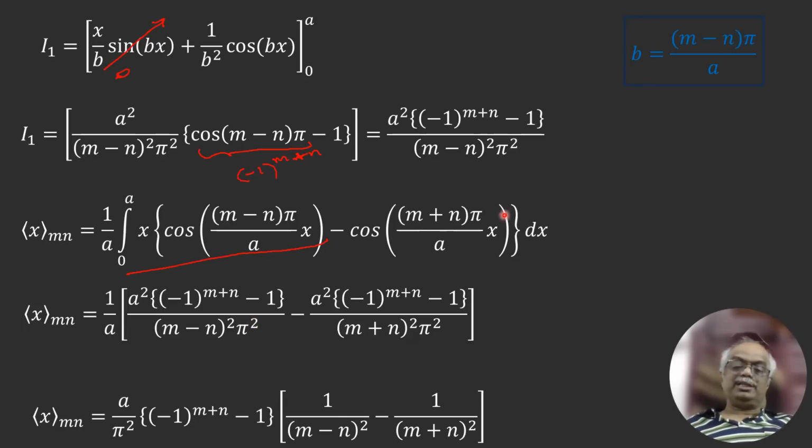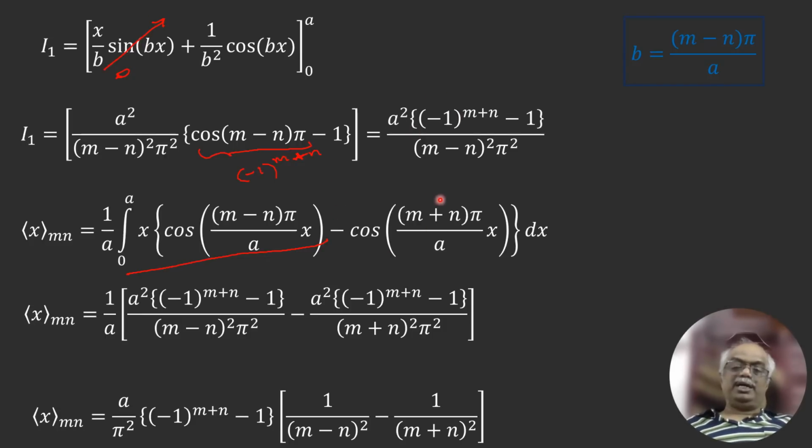What about the second? You can easily identify that cos (m minus n) pi is minus 1 power (m plus n). Similarly, cos (m plus n) pi is the same thing, because it depends only on whether it is odd or even. If m minus n is even, then it is 1; m plus n is also even then, so it is plus 1. Otherwise, it is minus 1.